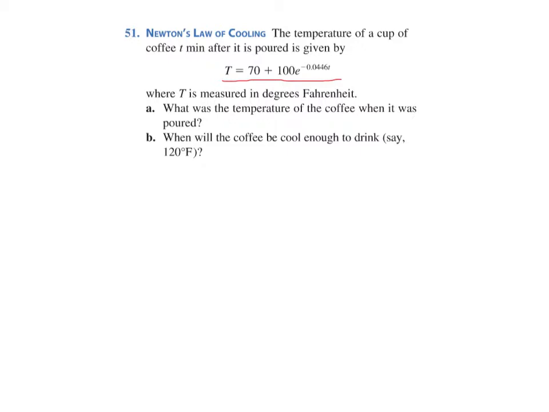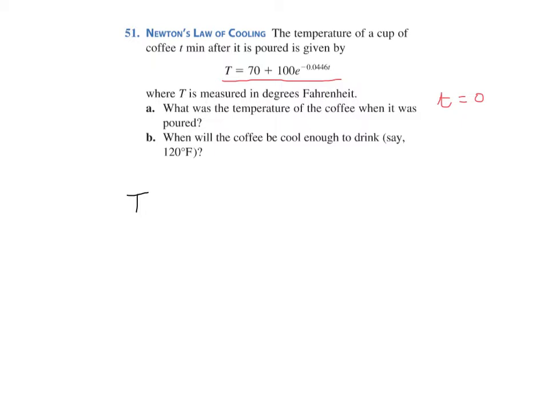Okay. So the first thing they're asking is, what is the temperature when the coffee is first poured, right? And what we're really asking here is, what's the temperature at t equals 0? To solve this problem, I'm simply going to plug in a 0 for t, which of course makes easy math.